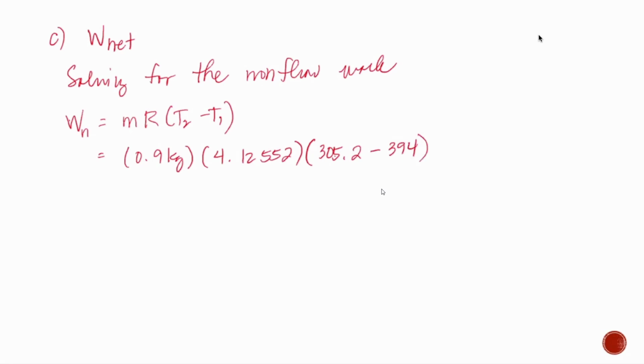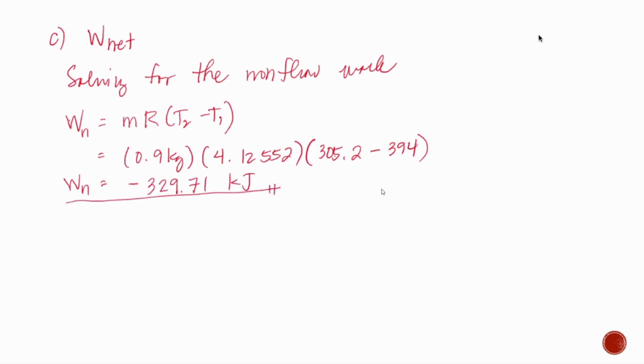So again, since magni-negative tayo sa temperature, we are expecting na magkaroon tayo ng negative na non-flow work, which means work is being applied to the system. Anong value nito? Negative 329.71 kilojoules. Okay, the non-flow work.